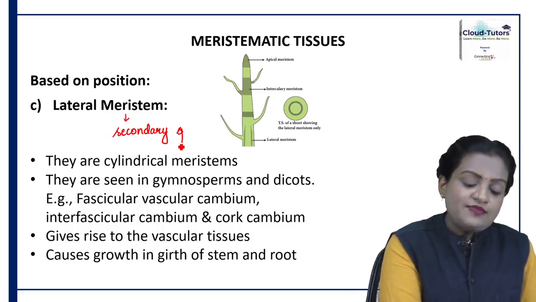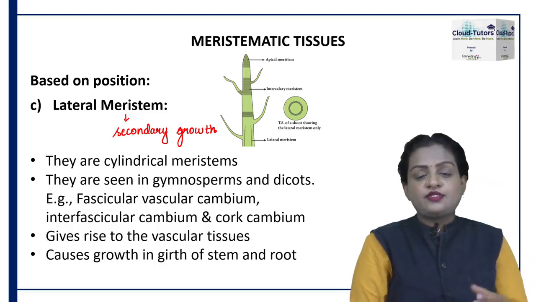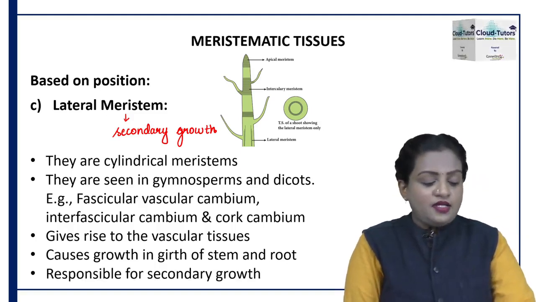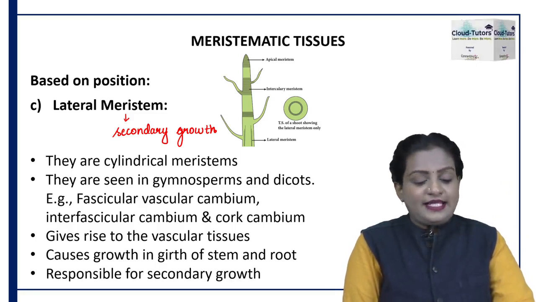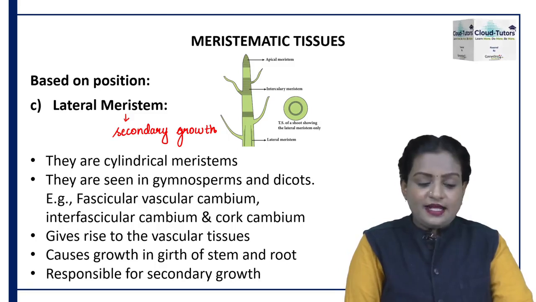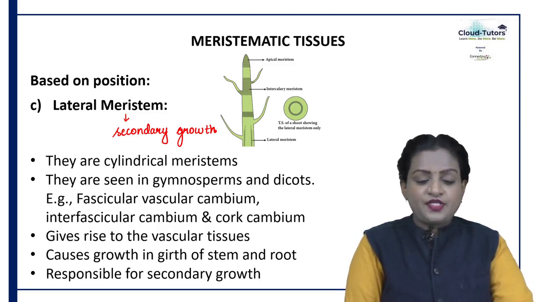Primary growth is basically increase in height. Secondary growth is responsible for increasing the girth of the plant body. So responsible for secondary growth. So these are the types of meristematic tissues based on their position.